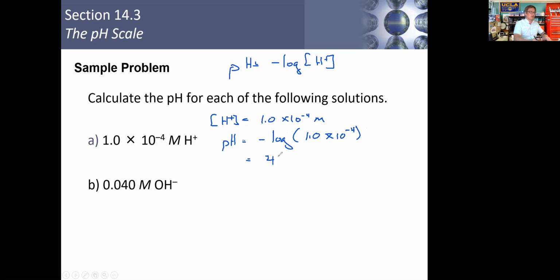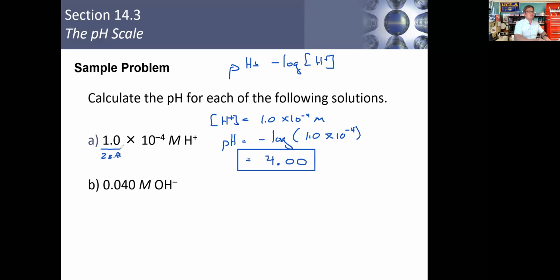Don't stop there. Let's practice our significant figure rules now. In the hydrogen ion concentration here, this number has 2 significant figures. Our answer then has to have 2 decimal places. So our final answer has to be 4.00, not just 4.